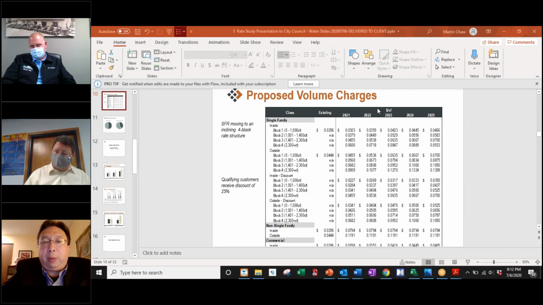And if that rate change is not acceptable, for example, then the options for the city would be to go back and take a look at, for example, the water utility expenses, including the capital expenses, and ask, must these projects be done in 2021? Can we delay those? We did ask that question during the study.